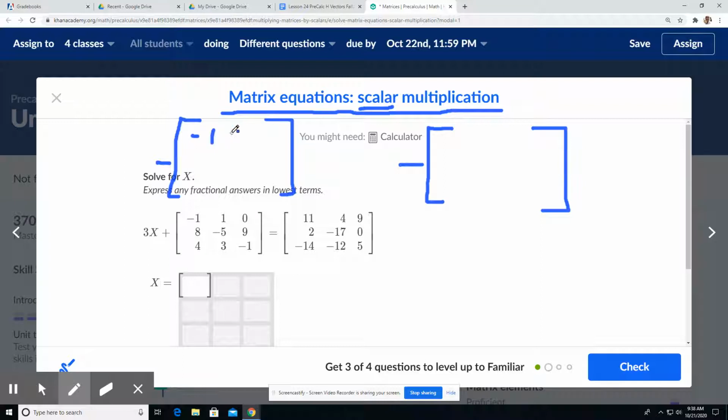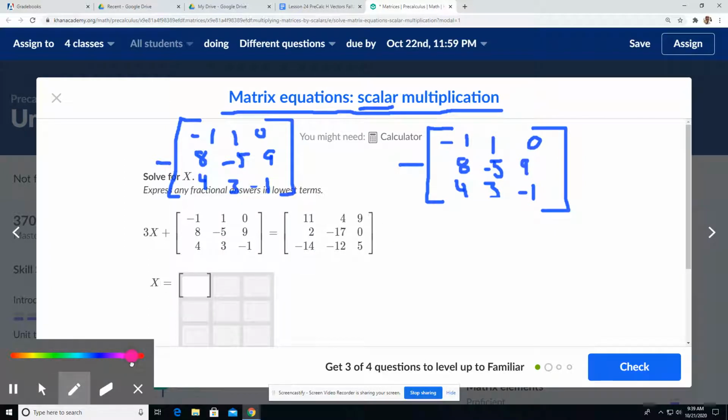Negative 1, 1, 0, 8, negative 5, 9, 4, 3, negative 1, negative 1, 1, 0, 8, negative 5, 9, 4, 3, negative 1. Okay, so that's going to cancel out the one on the left, turns it into a 0 matrix.